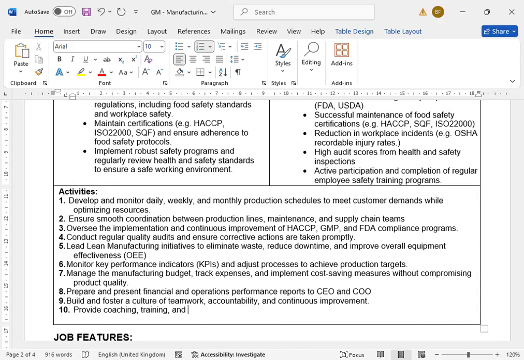Okay. Provide coaching, training, and performance evaluations or appraisal if you want, to develop the manufacturing team.